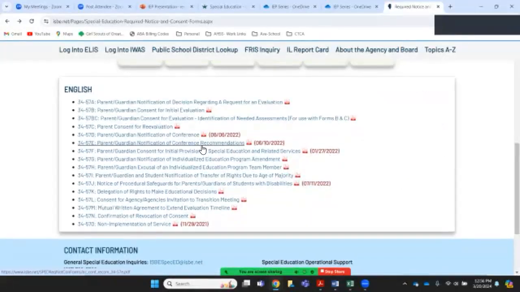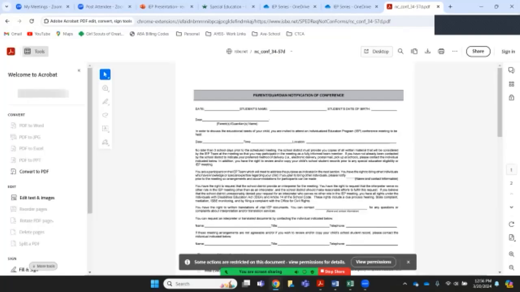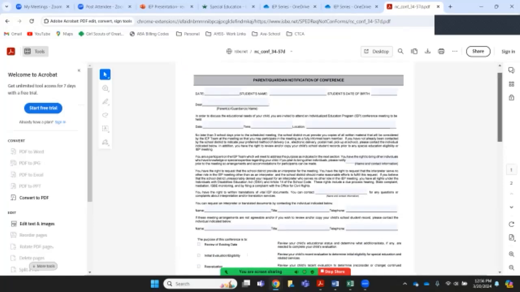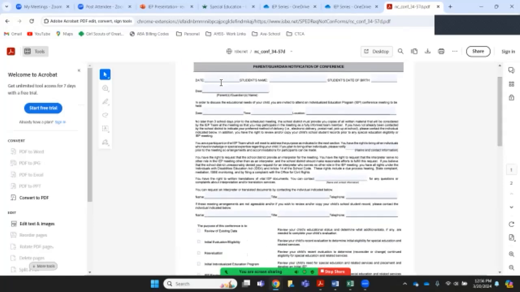And then let's see. Notification of a conference is another one that you'll probably come across. Hopefully it can pull up pretty quickly. Basically what this is indicating is when your IEP is. So it will have the date of the notice, the student's name, the student's date of birth, the parent or guardian name, the date of the IEP, the time of the IEP, and where it's located.